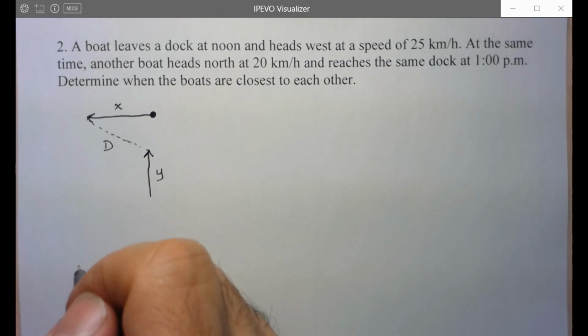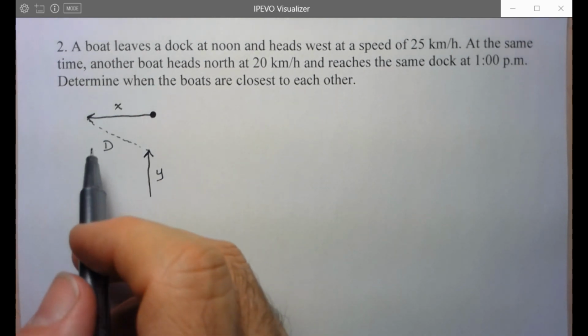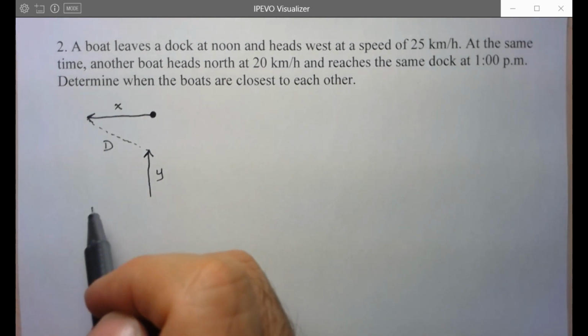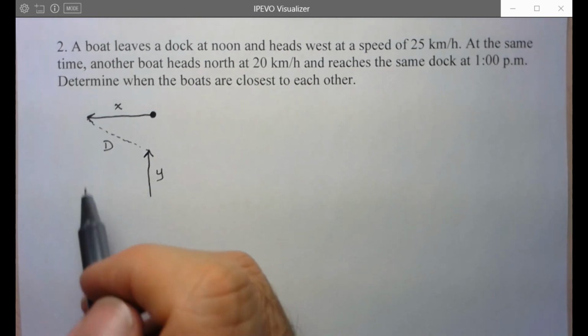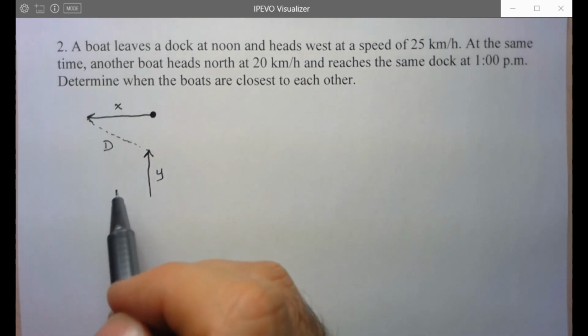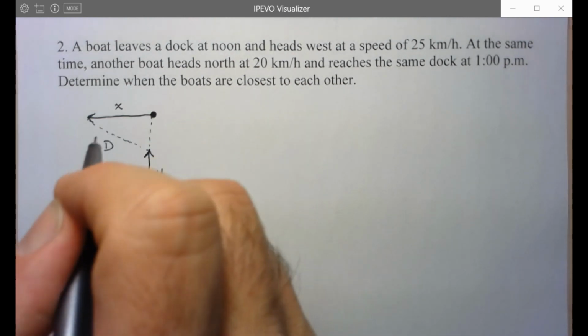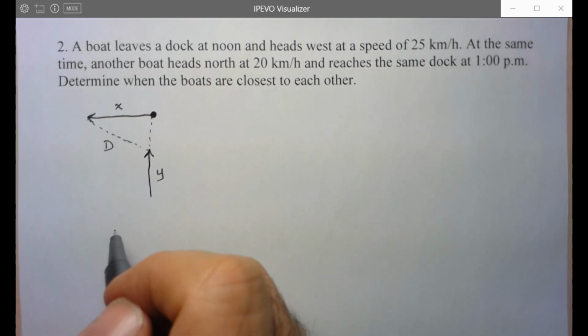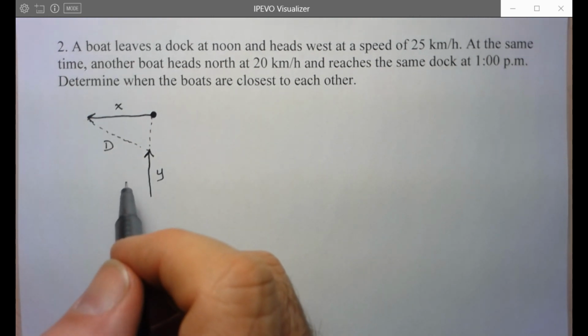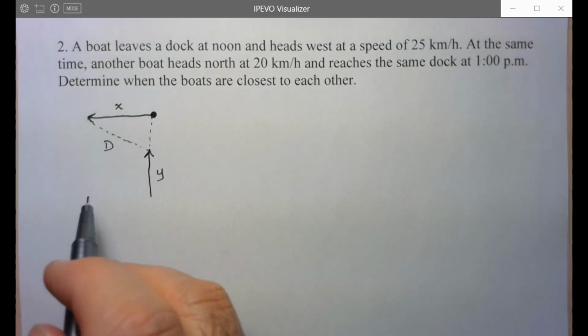So, question is how do I determine a relationship for this distance here? Not too obvious. Okay, but this is where we want to look at this diagram and see if we can find something familiar. And what hopefully you're seeing is a right angle triangle. However, the right angle triangle is not made up of the two distances that they travel.